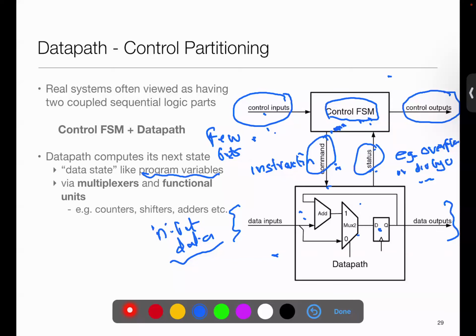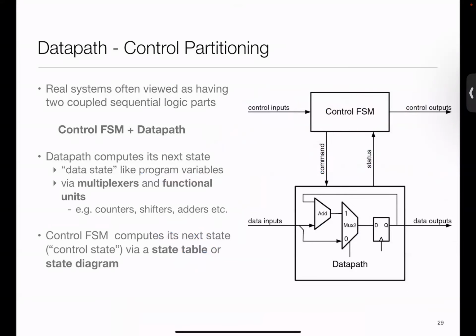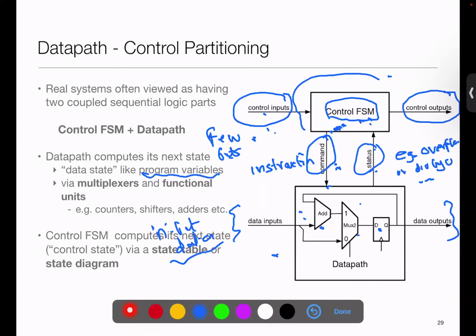And there are going to be multiplexers and modules like adder, subtractor, arithmetic stuff and all. And the controller internally also is a state machine in general, and it computes its next state via state table, state diagram.